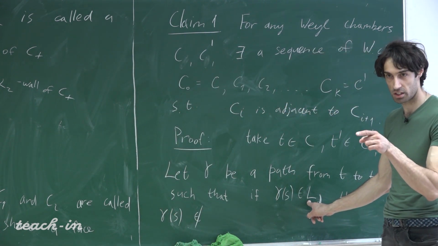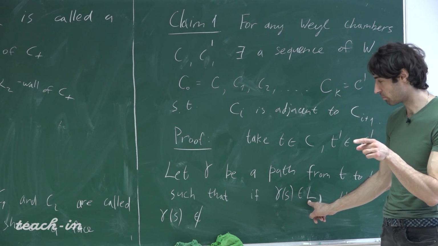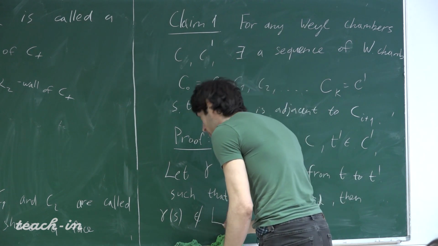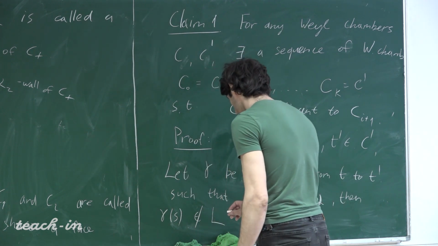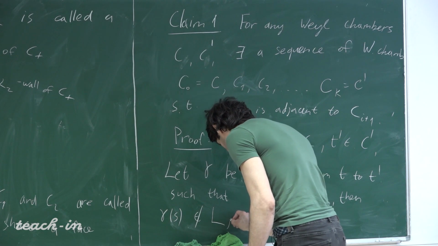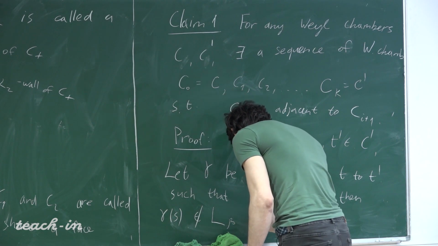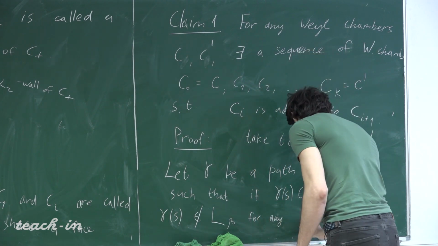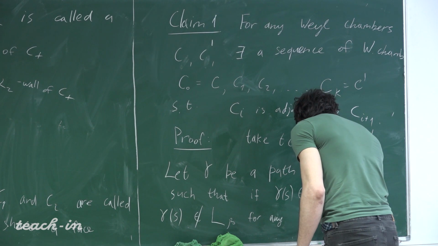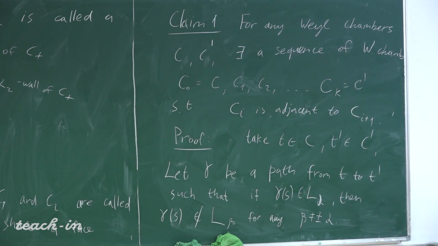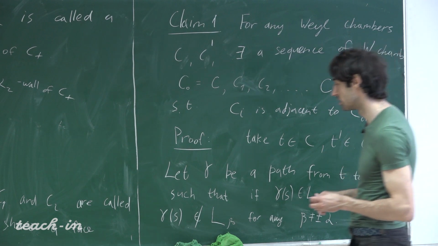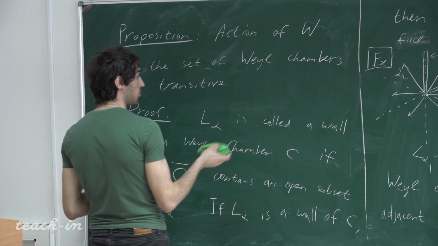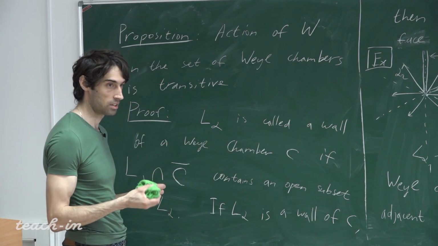So if I intersect a hyperplane, it is not a point of intersection of gamma with some other hyperplane L beta, for any beta not equal to plus or minus alpha. We'll see in A2 what it means. So what it means in pictures, and why I can choose such a path.